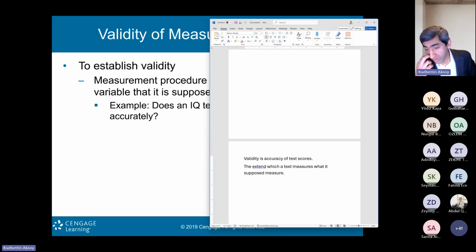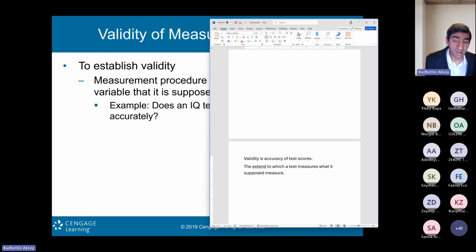The extent to which a test measures what it is supposed to measure. If you give a math test, and in your math test there is vocabulary the student doesn't understand, then in some sense you are measuring the language skills. Your instrument is not going to be valid.